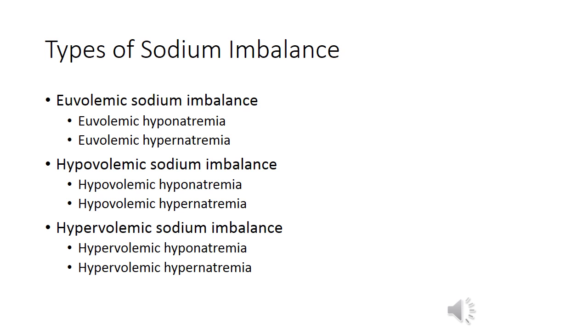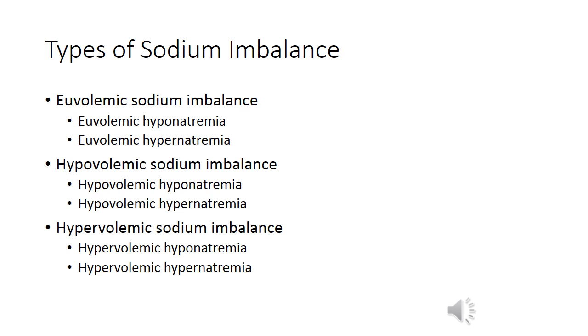There are three types of both hyponatremia and hypernatremia: euvolemic, hypovolemic, and hypervolemic. These terms describe the relationship between a patient's fluid status and serum sodium level. The specific sodium imbalance depends on how much the sodium content decreases or increases in proportion to total body water.